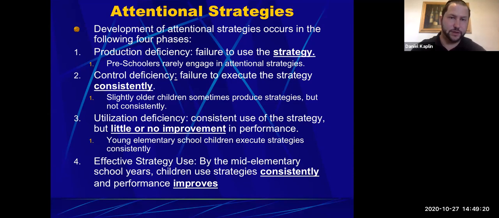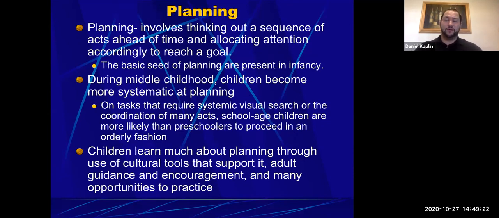So that's good news. We also have planning. So planning is mapping out a sequence of acts ahead of time and deciding how you're going to get to the finish line. So by middle school, you tend to have to write book reports.